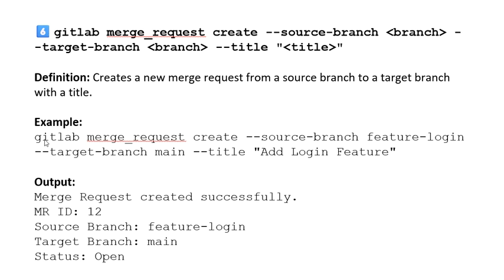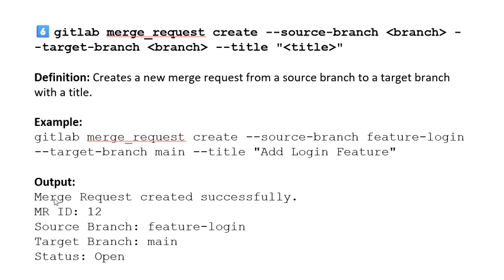The example is gitlab merge_request create --source-branch features-login --target-branch main --title "add login feature".